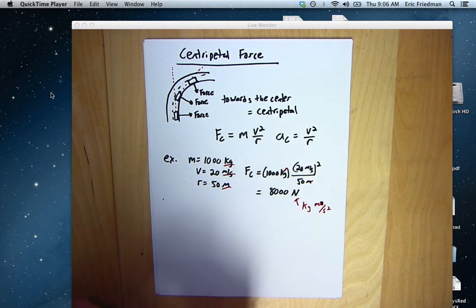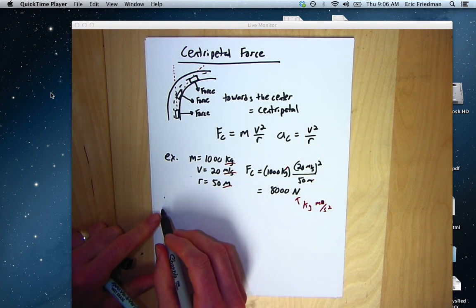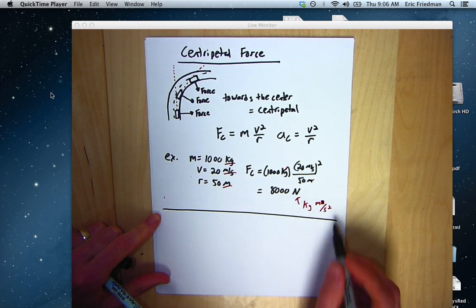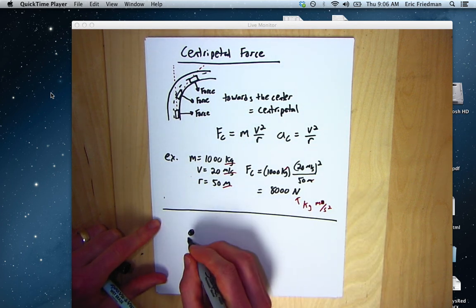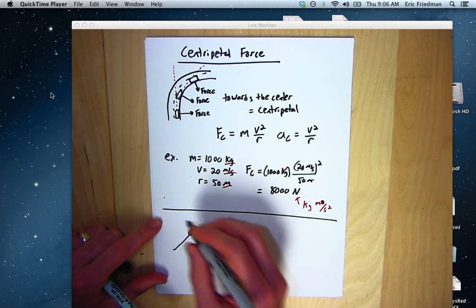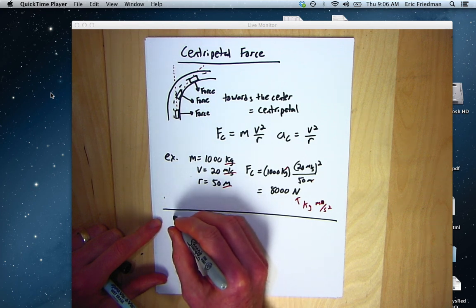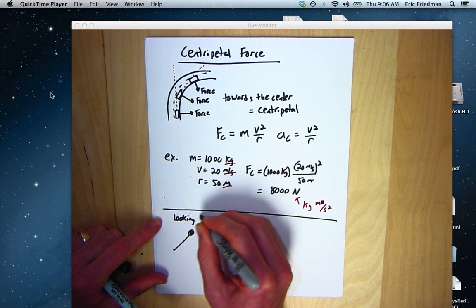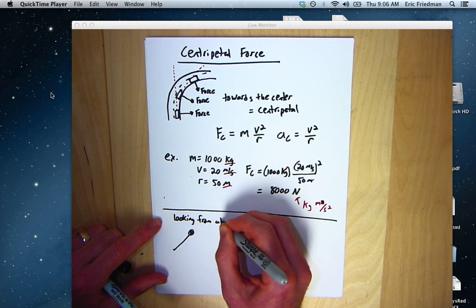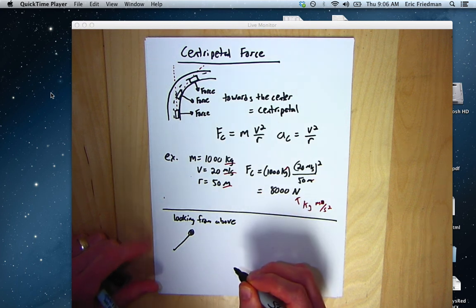Right? Let's do another example. Let's say that I've got a ball that's attached to a string, and this is a view from above, looking down. So I don't want to involve gravity right here.